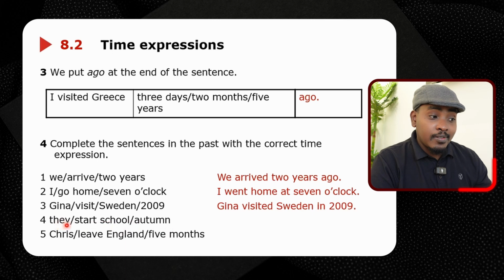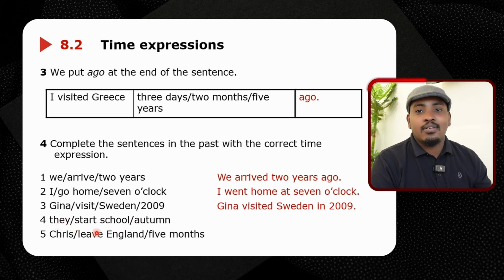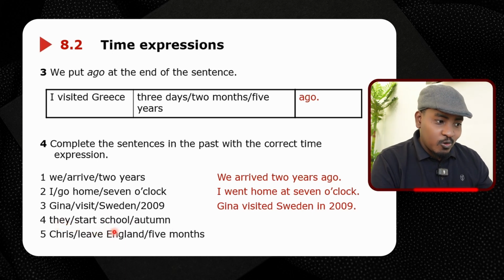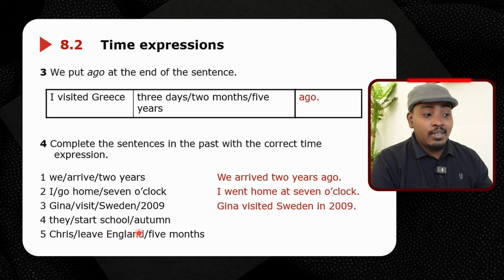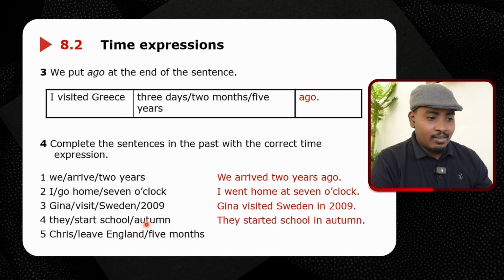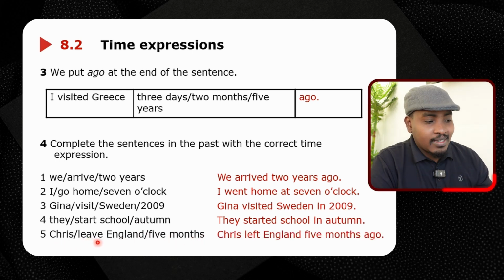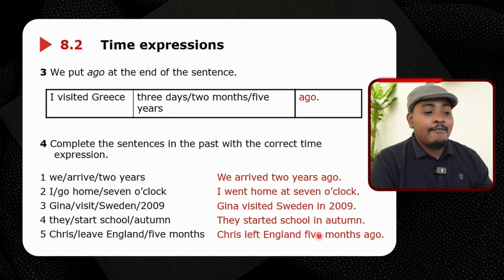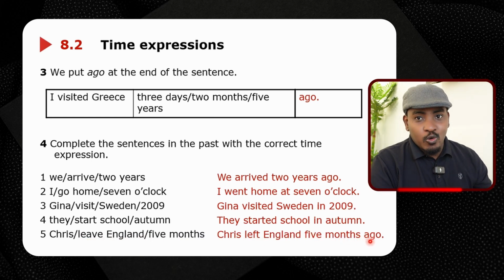They started school season. So we put what? In autumn, right? How about the last one? Chris, leave England 5 months. We say what? Chris left, irregular, right? Left England 5 months ago.